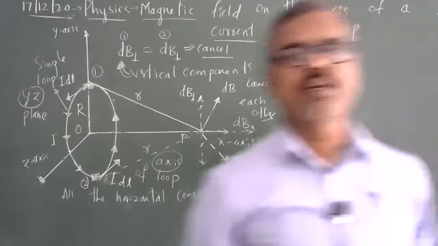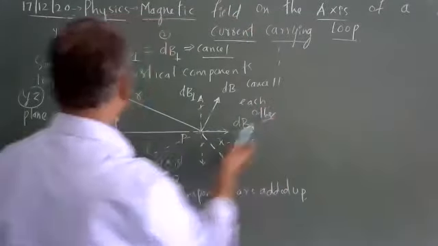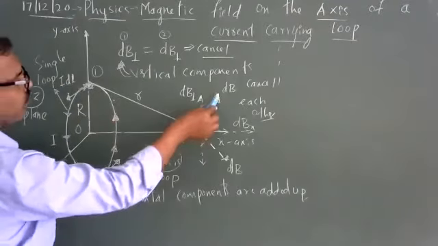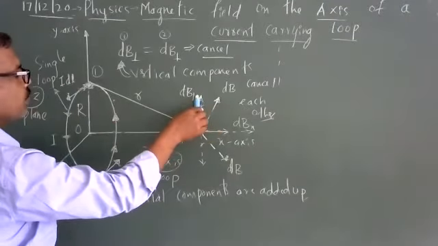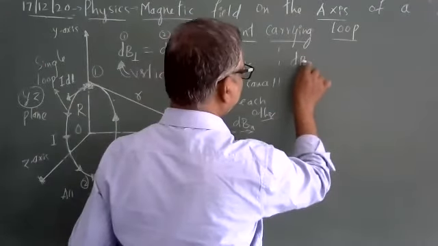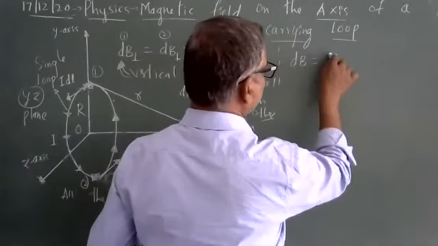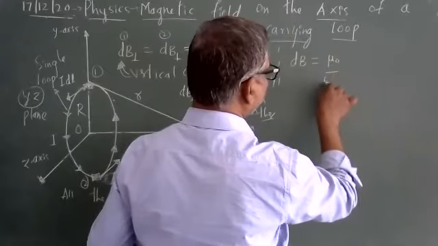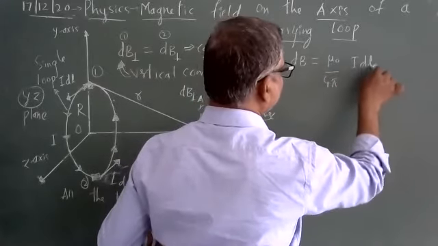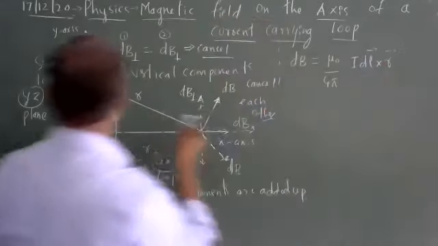We know from Biot-Savart's law, which we studied in the last class, what the magnetic field is here because of a current element. The magnetic field is dB, which is resolved into vertical and horizontal components. dB is given by Biot-Savart's law: mu 0 divided by 4 pi, I dl cross R. This is the current element.